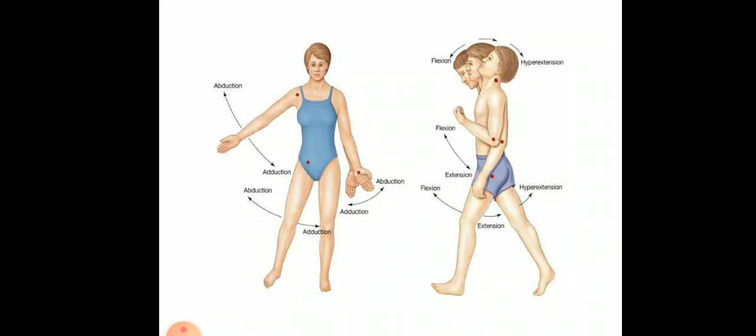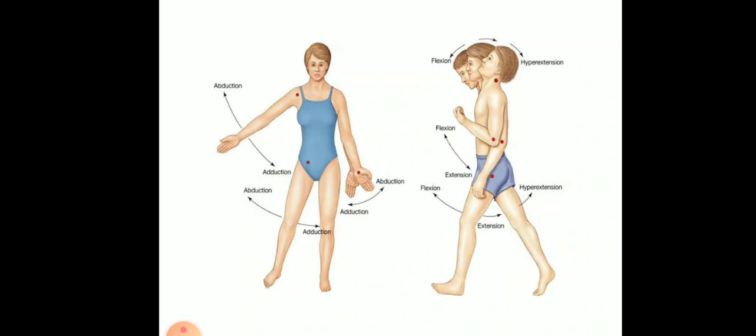Flexion is bending a part at a joint so that the angle between the parts decreases and the parts come closer together, such as bending the lower limb at the knee. Extension is straightening a part at a joint so that the angle between the parts increases and the parts move farther apart, such as straightening the lower limb at the knee.